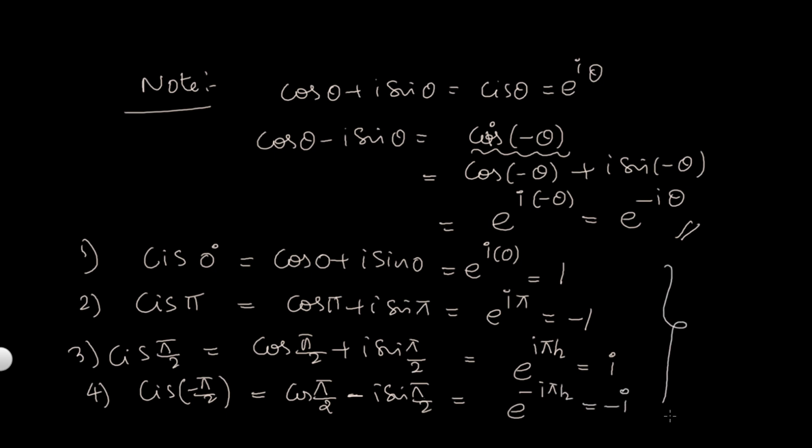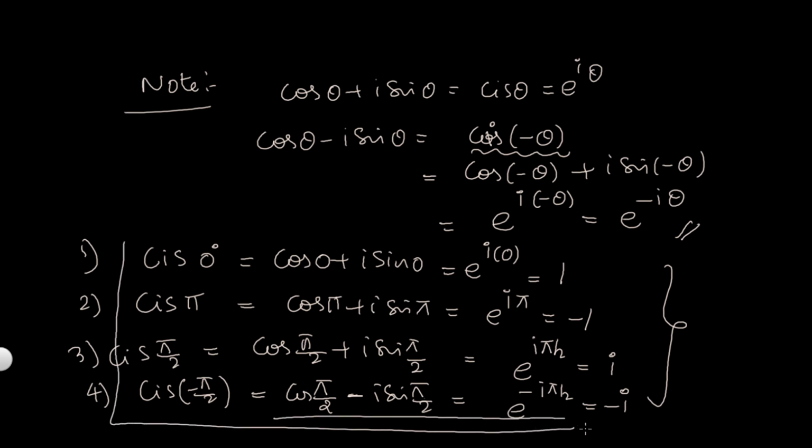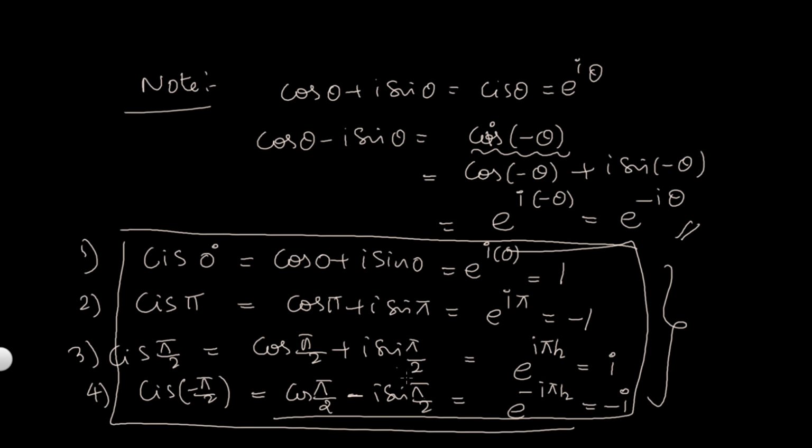These total 4 terms you must always remember. Cis 0 value is 1, cis pi is minus 1, cis pi by 2 is i, cis of minus pi by 2 is minus i. This formula should be remembered.